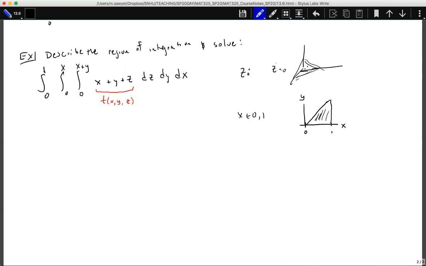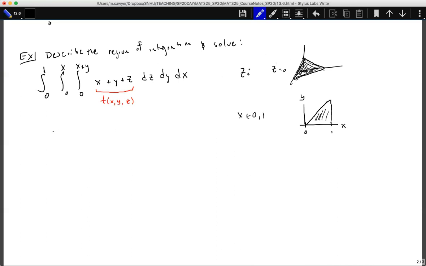So we've got this kind of triangular solid in the plane here. When we project it down, we see we've got this corner here, and then we project it down.